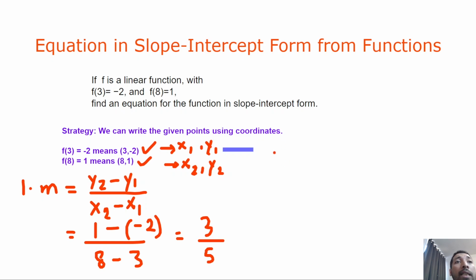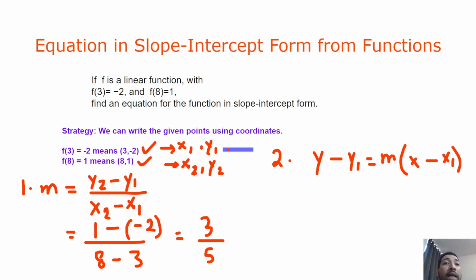Now we can apply the point slope formula over here, which is y minus y1 equals m times x minus x1. Again, we can plug either this point or this point for this x1 and y1. So I'll just plug y minus, in this case I'll just plug 8, 1.